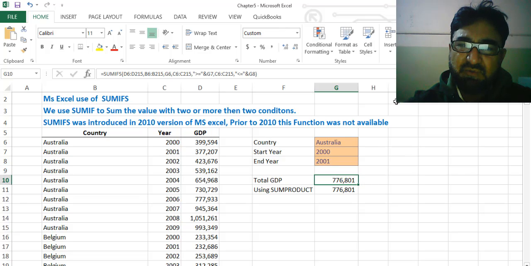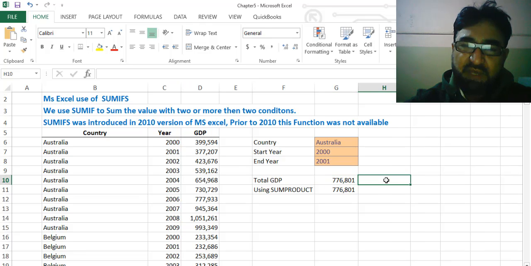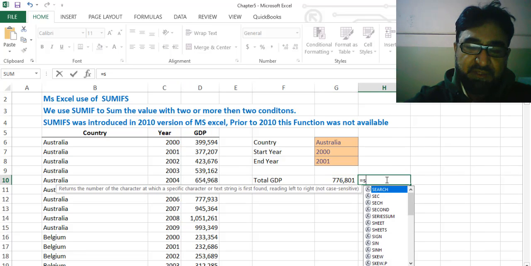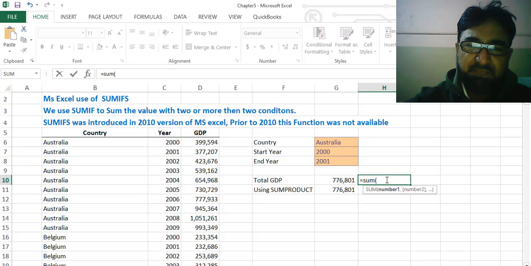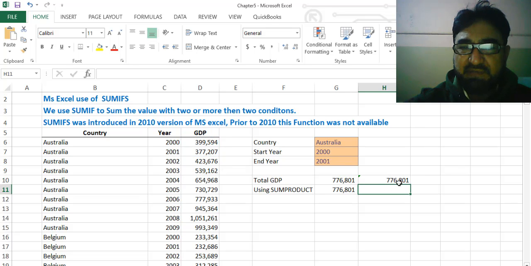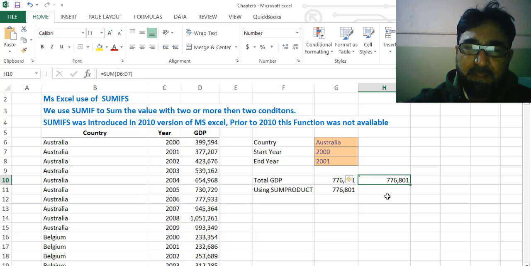To find out whether the value is true or false, we sum the first two values here, these two, because in this formula we are talking about these two values. It prints 776801.